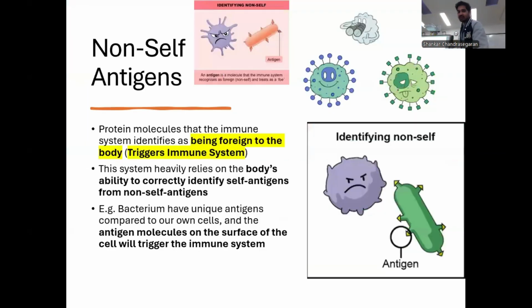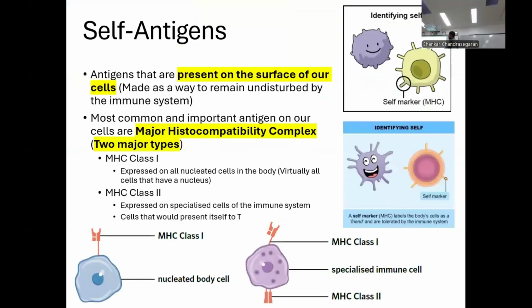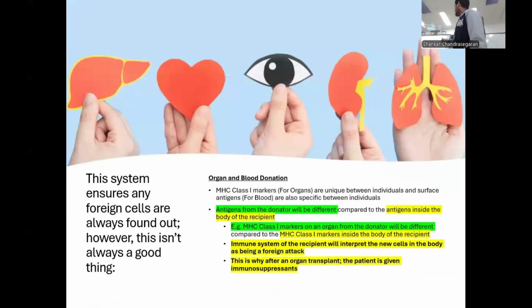Remember that I mentioned that MHC class 1 are only expressed in nucleated cells, and are red blood cells nucleated? The answer is no. Red blood cells do not have nuclei, so they do not have MHC class 1 markers, but they still have antigens present on them. That's why they are also regarded as being dangerous if you're not from compatible blood groups.